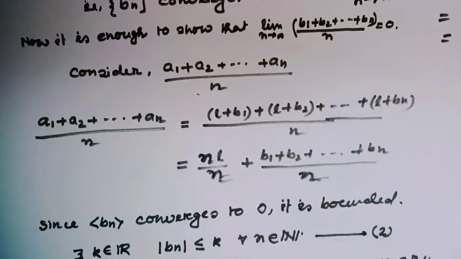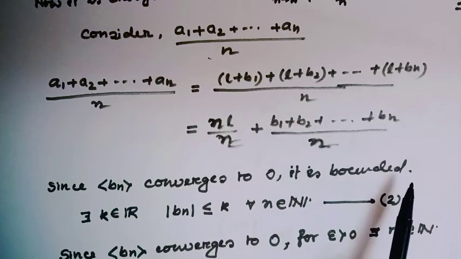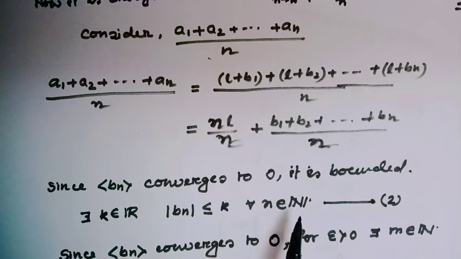And since bn converges to 0, we all know every convergent sequence is bounded. That means there exists a real number k such that the absolute value of bn is less than or equal to k for all n belonging to the natural numbers.